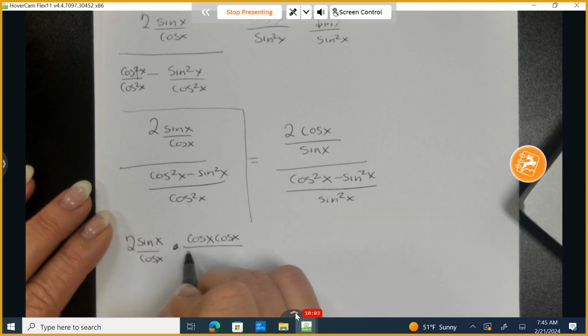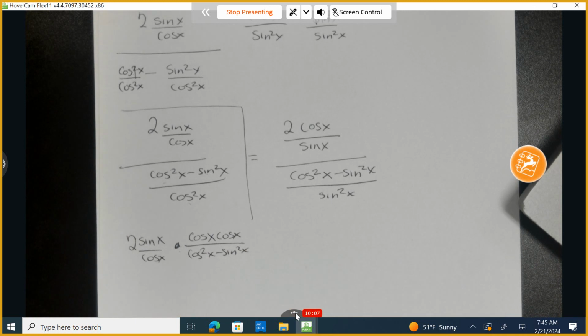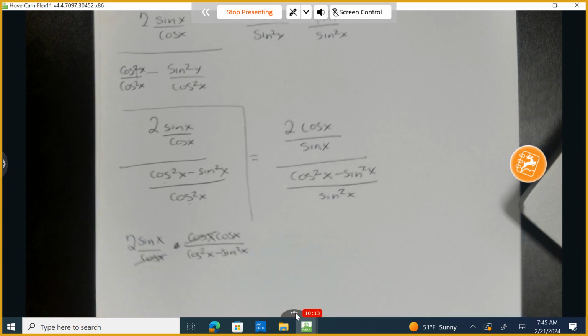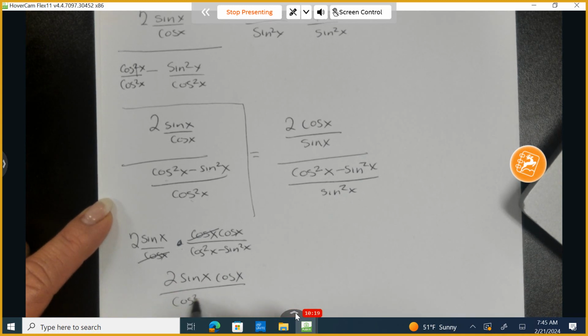And the denominator would be cosine squared minus sine squared. Hopefully you can see what automatically cancels out right now would be the cosine and the cosine. And so I'm left with 2 sine of x cosine of x over cosine squared minus sine squared.